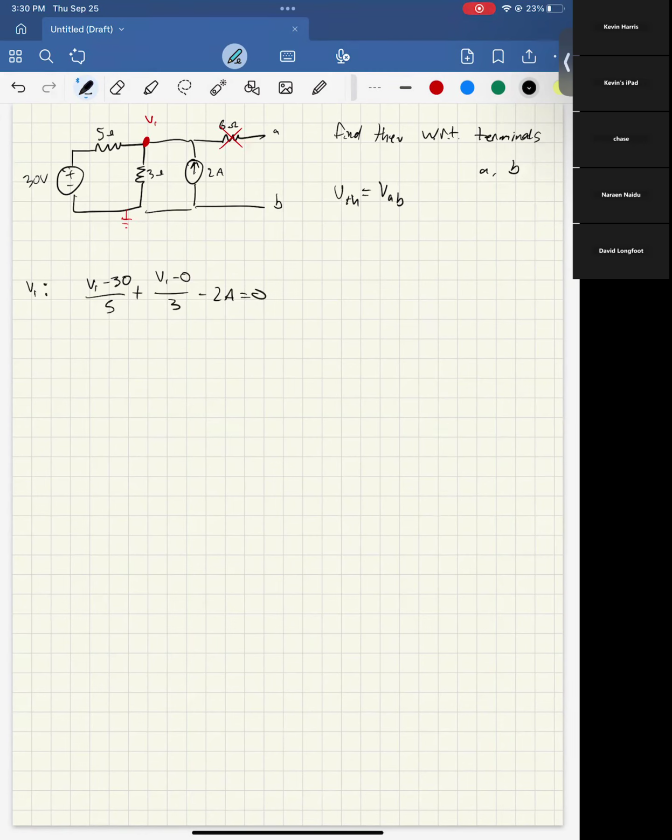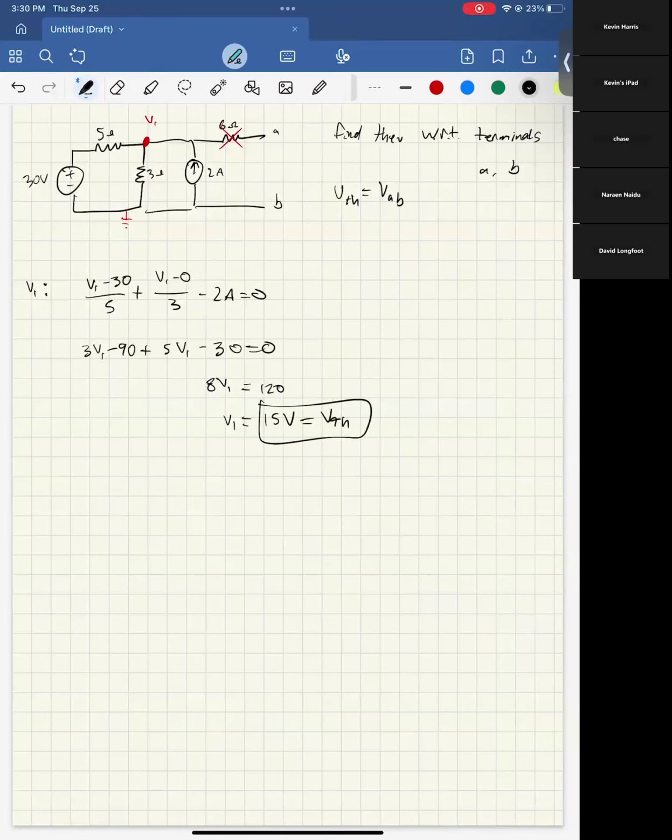You're going to get 3V1 minus 90 plus 5V1 minus 30 equals 0. Add everything up. 8V1 equals 120, so V1 equals 120 over 8. I should be able to do that in my head, but I don't want to. It's just 15 volts. So that V1 is going to be our VTH.